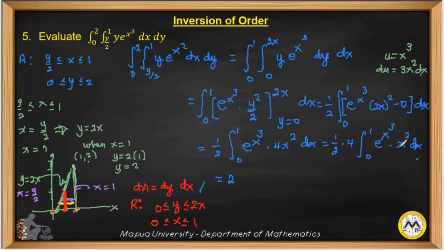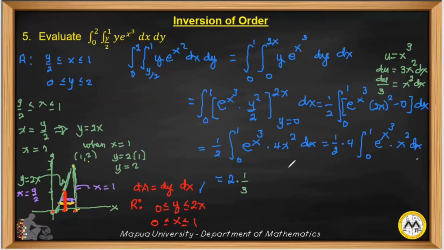But we have only x squared dx here. So there must be a correction factor 1/3. So that gives us du over 3 is equal to x squared dx. There is a correction factor 1/3, so we write the correction factor 1/3 before the integral sign.